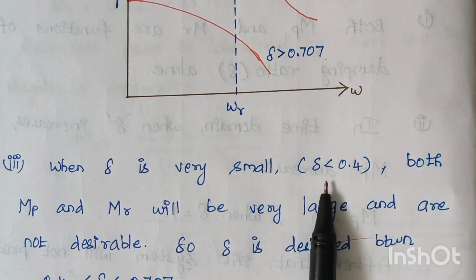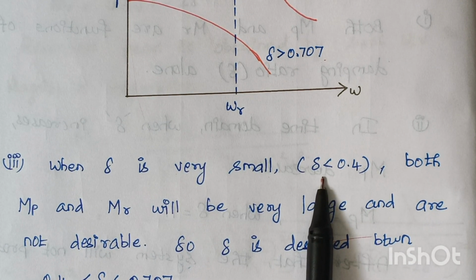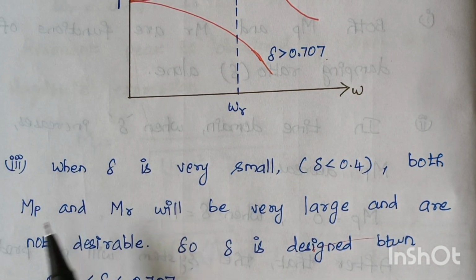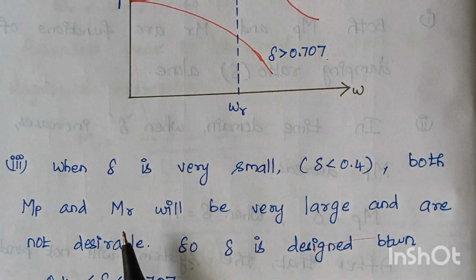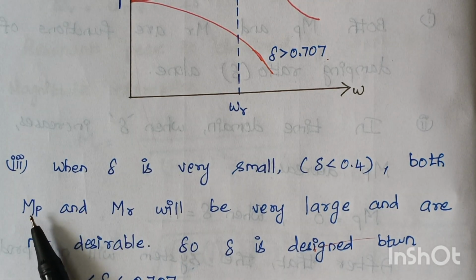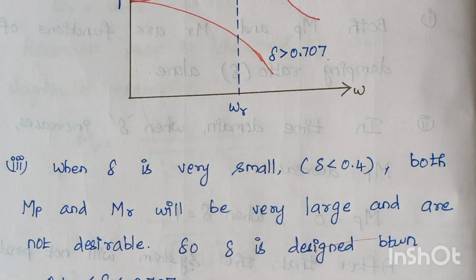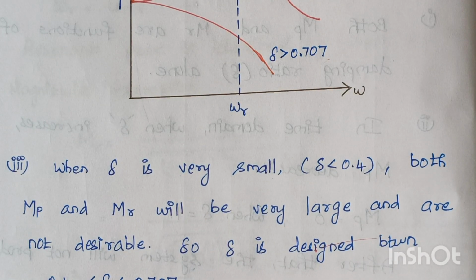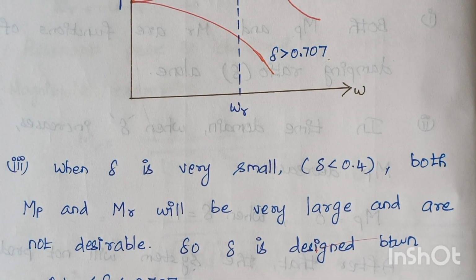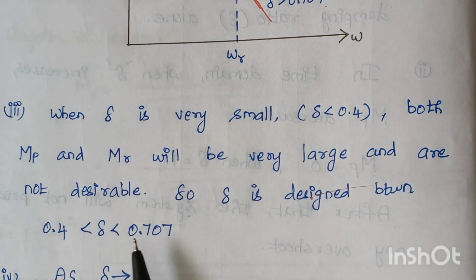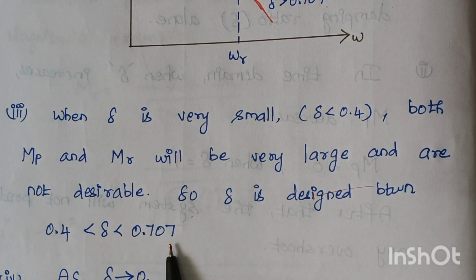Whenever the damping ratio is very small, automatically MP and MR, that is the resonant peak value and the peak overshoot in time domain specification, will both be very large, and the system may get damaged. So zeta is always designed between 0.4 and 0.707.